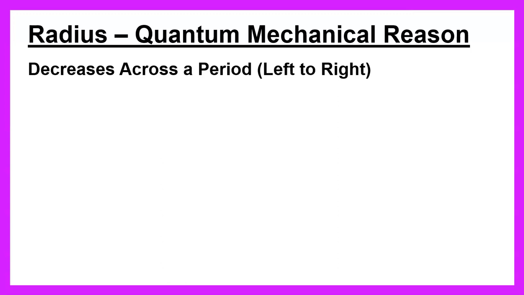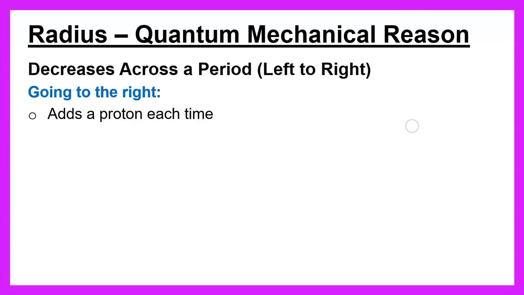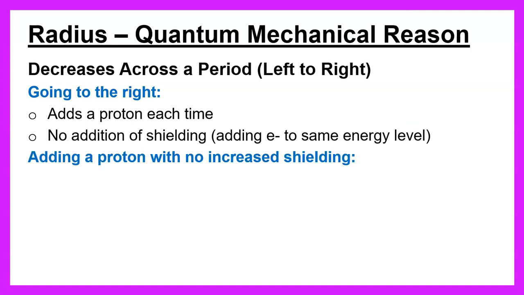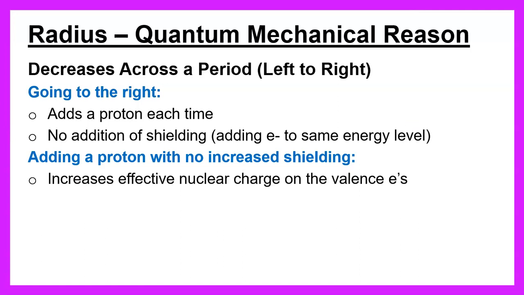So, we often like to talk about the radius getting smaller, going left to right. As you go to the right, you add a proton, but you're not adding more shielding because they're in the same energy level. And remember, electrons in the same energy level don't shield very well to each other, right? It's not going to really affect it. If you add a proton with no increased shielding, you're increasing the effective nuclear charge on those valence electrons.